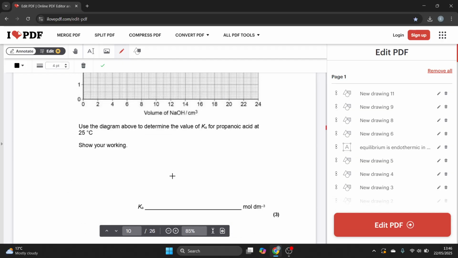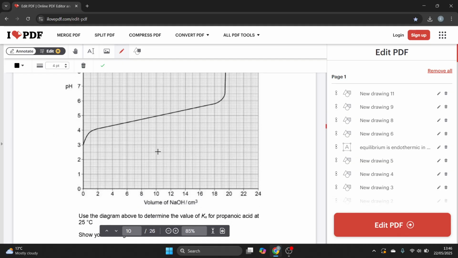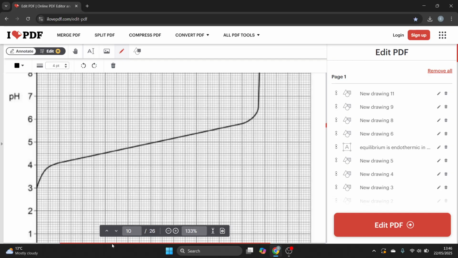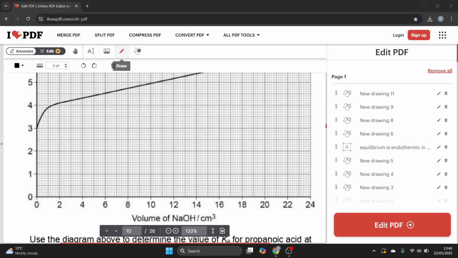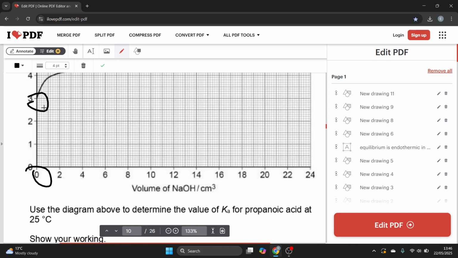How would I do it from a graph? Well, what I can see from this graph, this titration curve, sorry, not a graph, is that I've got the pH when there was no sodium hydroxide, 0 sodium hydroxide added.